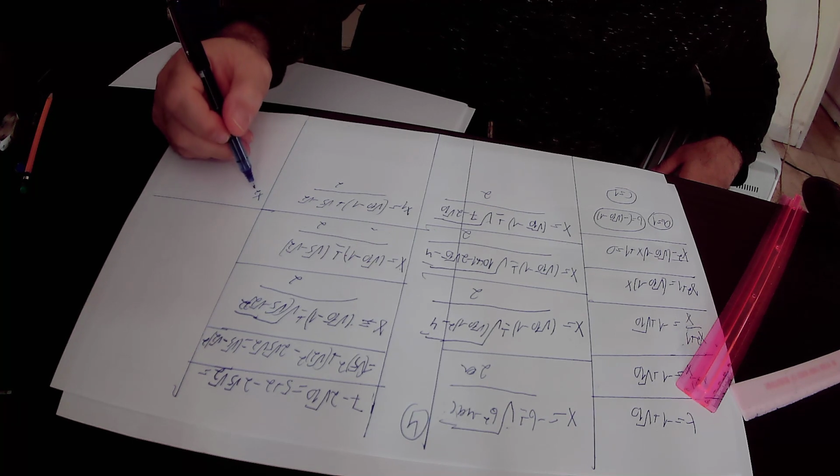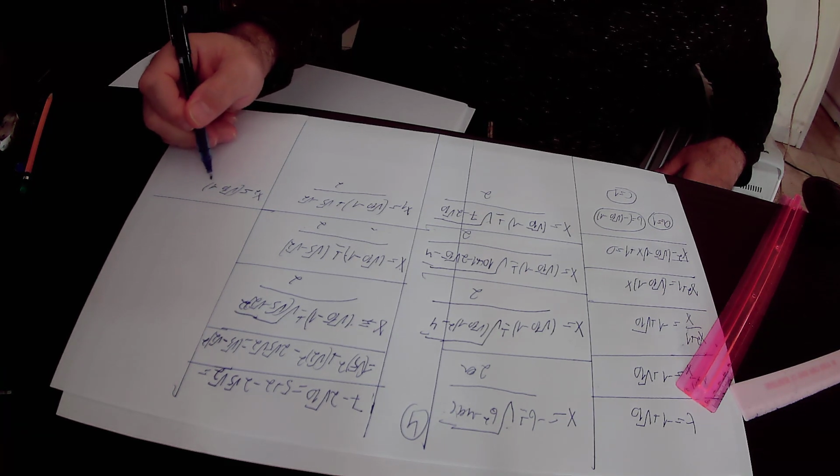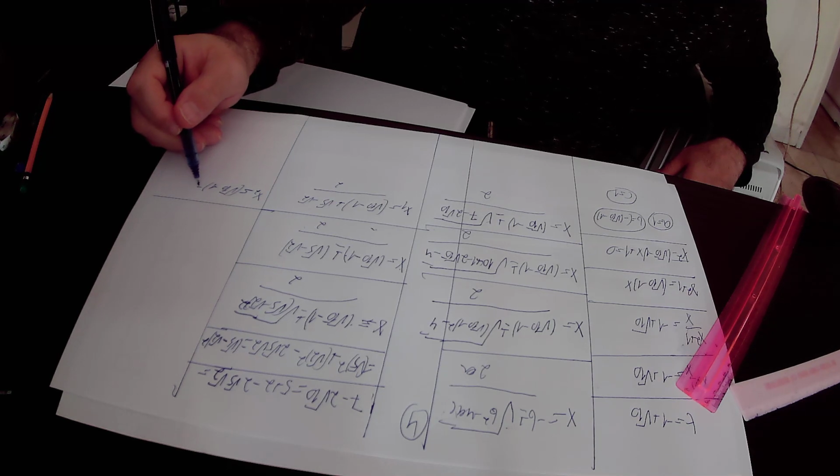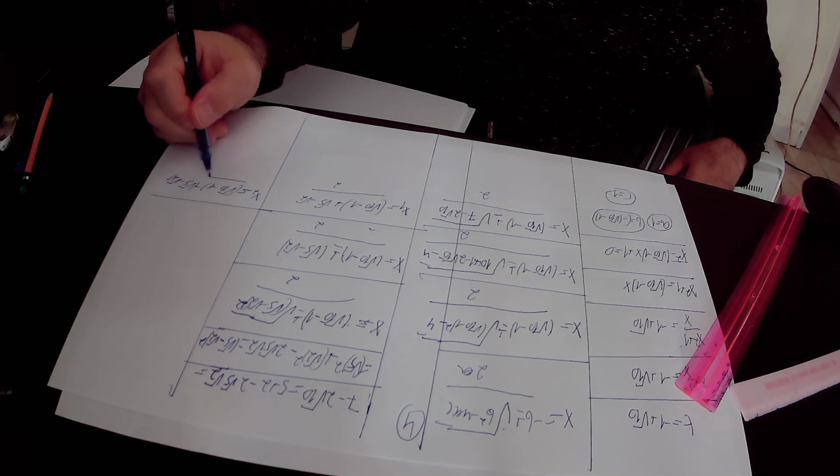The second solution will be x2 equals square root of 10 minus 1 minus square root of 5 minus square root of 2, all divided by 2.